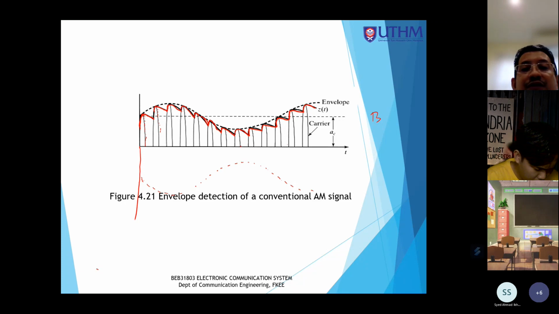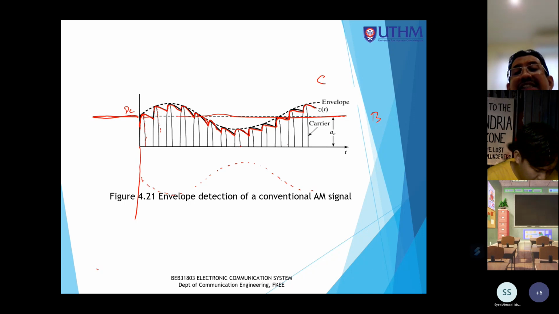So this is what happened at point C. Dan kalau you lihat sebenarnya pada point C ini adanya DC voltage di sini yang mana sine wave ini seolah-olah tergantung pada satu level. So this is the DC voltage over here. So seolah-olah you nampak sine wave itu tergantung di atas satu level voltage.